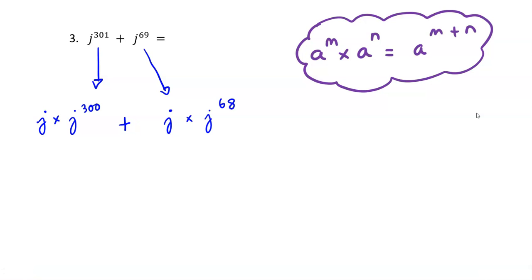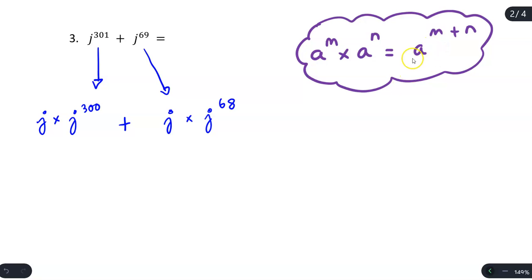So this is j to the exponent 1 here. And I don't want to write that 1. The 1 can be invisible. We don't have to write 1 as the exponent. But 1 plus 300 will give me 301 based on this formula. And 1 plus 68 will give me 69.